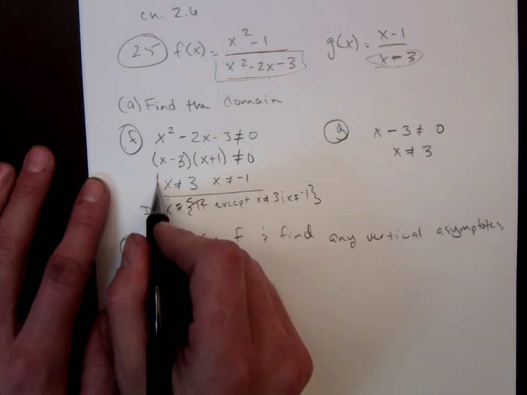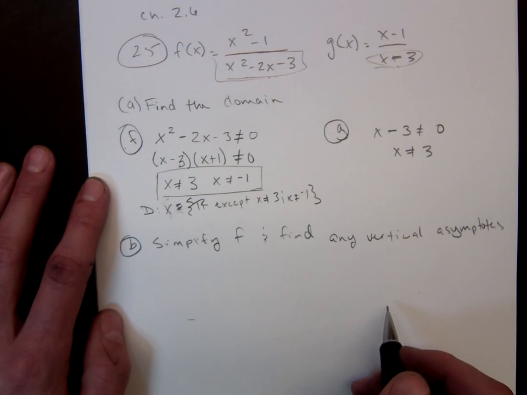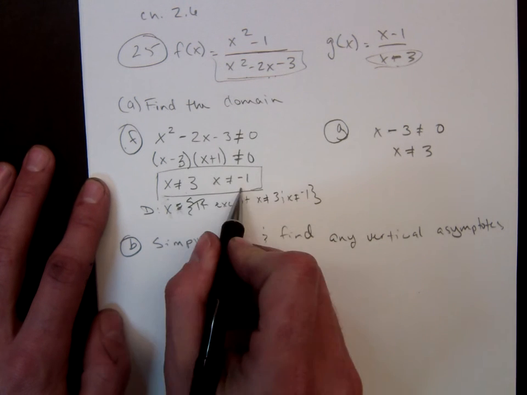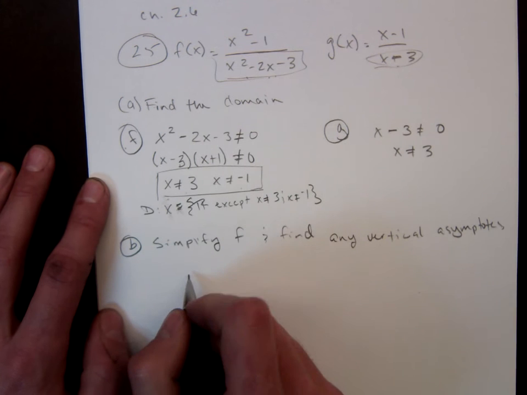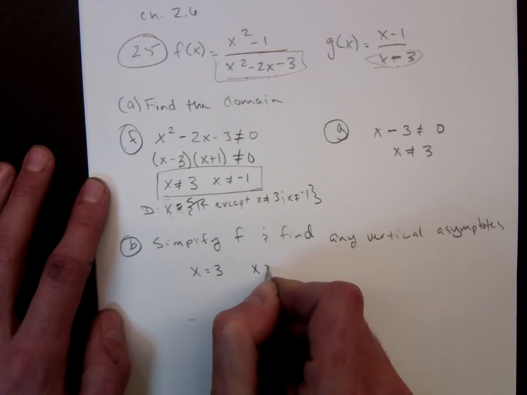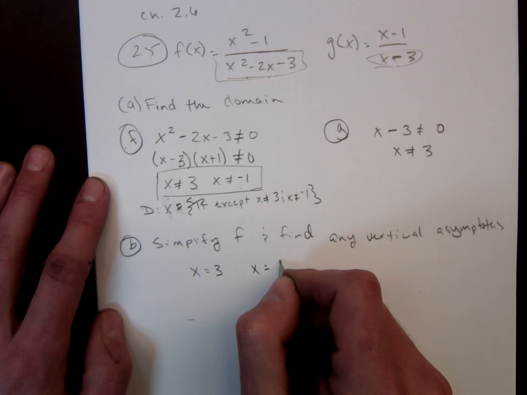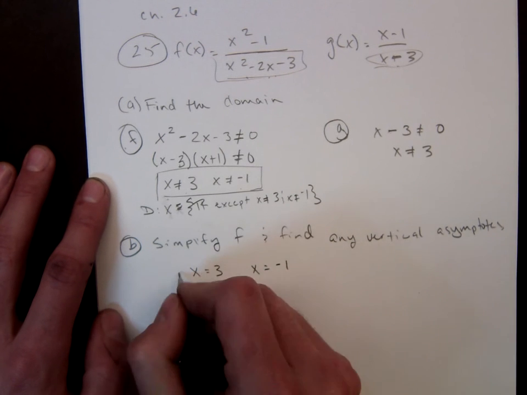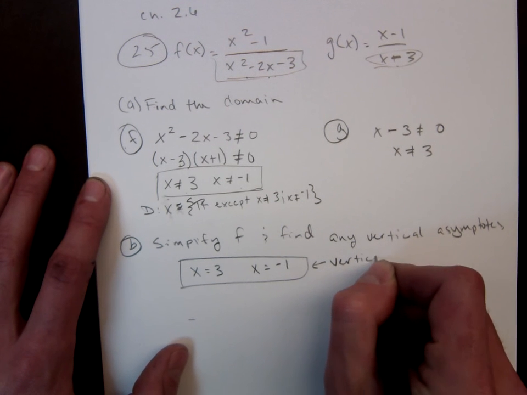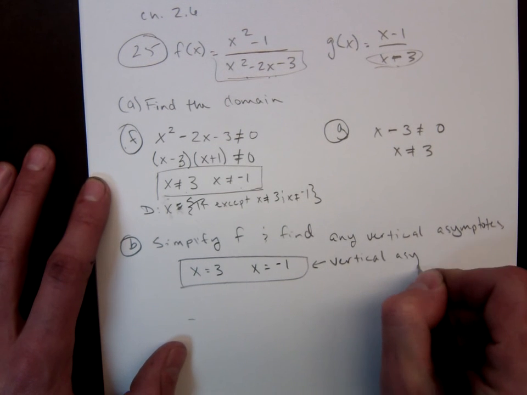Well, fortunately, we already found that in part A. So we know that vertical asymptotes will happen whenever we have a 0 in the denominator, and we know that happens at x equals 3 and x equals negative 1. So those are my vertical asymptotes. I'm going a little out of order, but that's because I was excited. I already had the information.